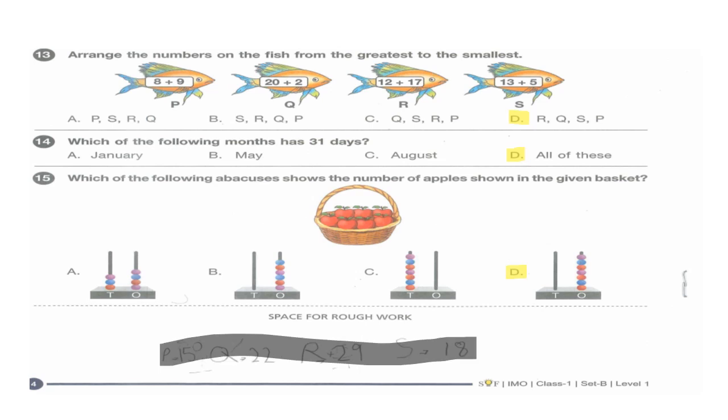So how many apples in the basket? 1, 2, 3, 4, 5, 6, 7. So the ones is 7 ones. Hence the answer is option D, which says ones place has 7 balls. So it is 7. Answer is option D.